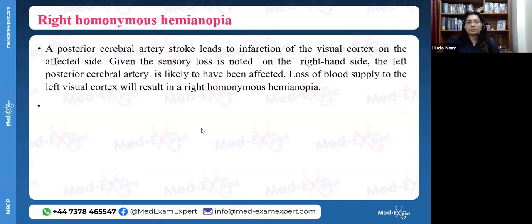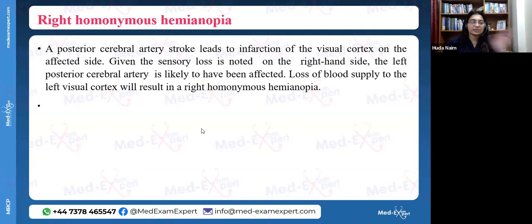So if you have a left-sided, that means you have a left posterior cerebral artery affected, so you will have a right homonymous hemianopia.